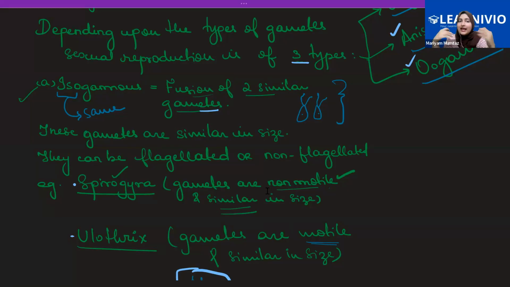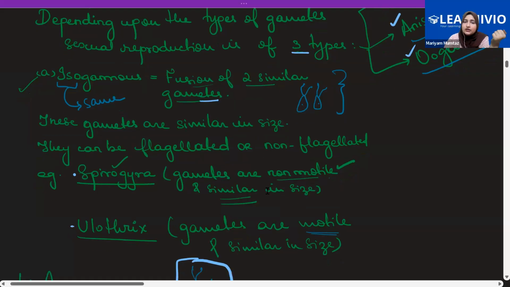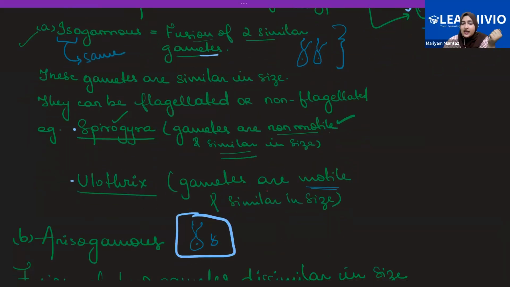Iso means same, gamous refers to the gametes. These gametes are similar in size, and they can be flagellated or non-flagellated, but they will be similar. For example, in Spirogyra, the gametes are non-motile, meaning they are non-flagellated, but they are similar in size.